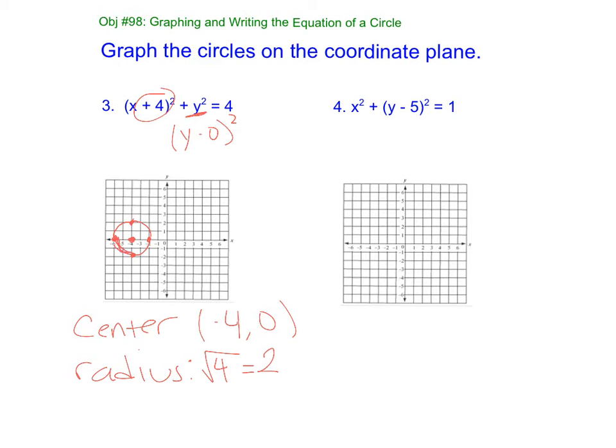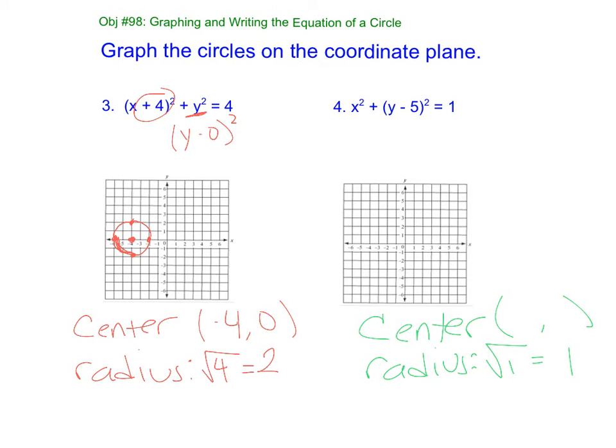Oh, that's a little ugly. All right, there we go. Close enough. All right, last one. Do this one in green. Center, radius. All right, so for the radius, it's the square root of 1. The square root of 1 is just 1.